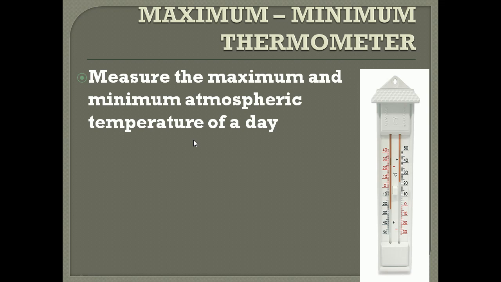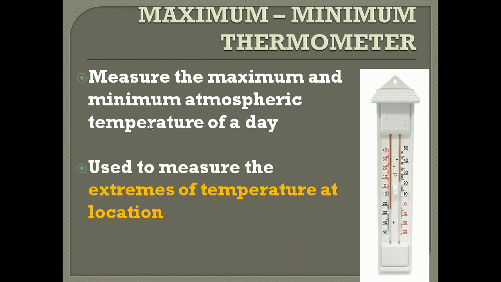It is used to measure the extremes of temperature at a location. If at any particular location the temperature is very high, they will use the maximum minimum thermometer to measure the atmospheric temperature. So this is about the maximum minimum thermometer.